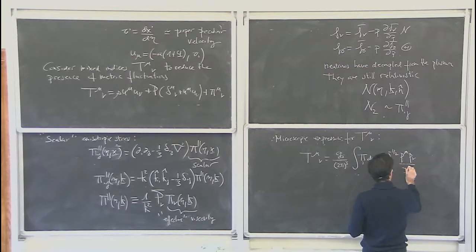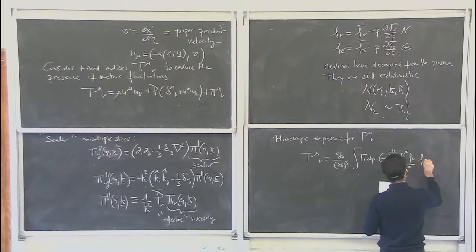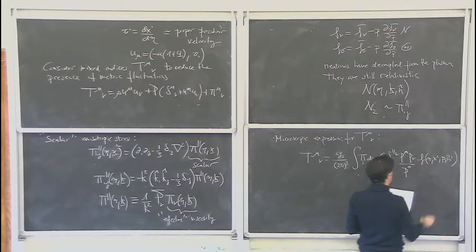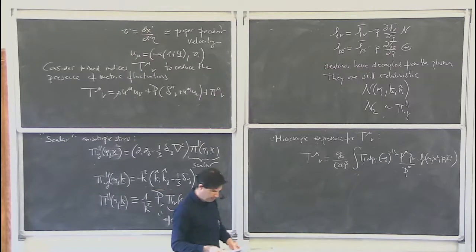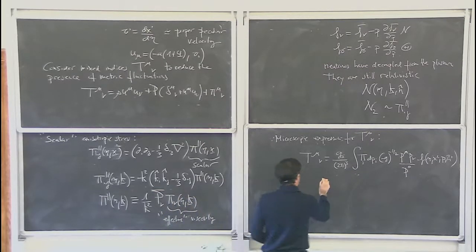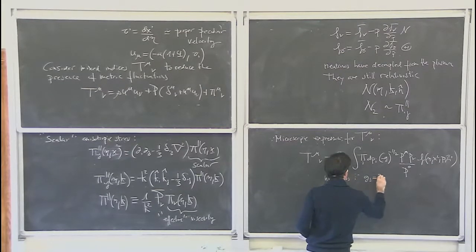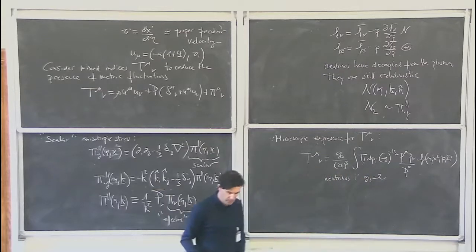You have to divide by P^0, and then multiply by the distribution function, okay? And so for neutrinos, okay, for one family of neutrino.